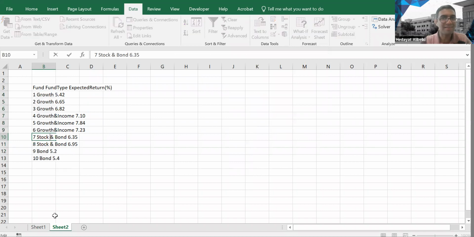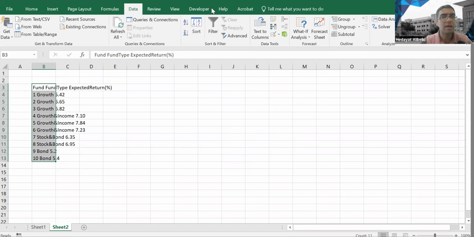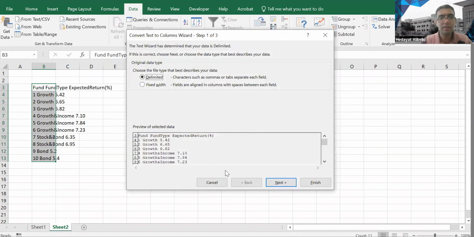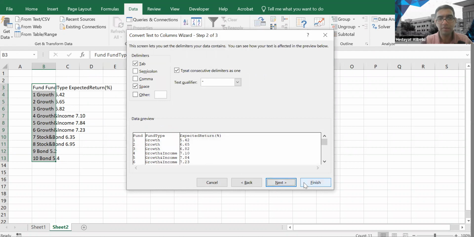Yes, thank you, Lavina. Got it. Okay. Let's just get rid of the spaces. And then here, text to columns, and then space, and perfect.